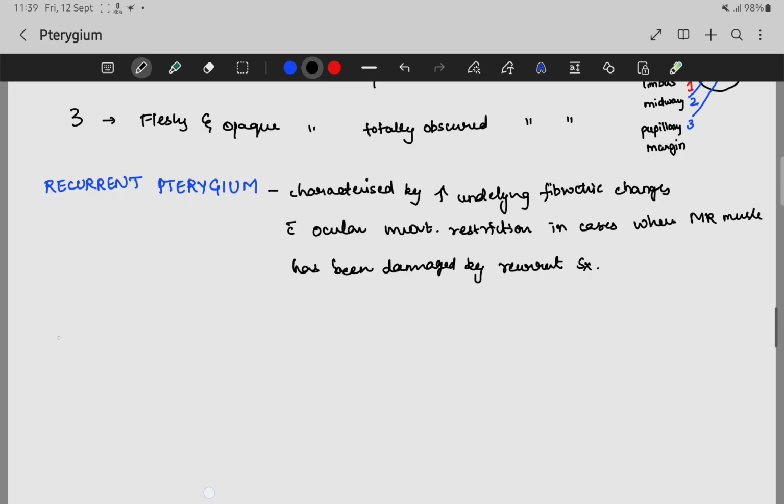The mechanism of this recurrent pterygium is that there is reactivation of inflammatory processes.